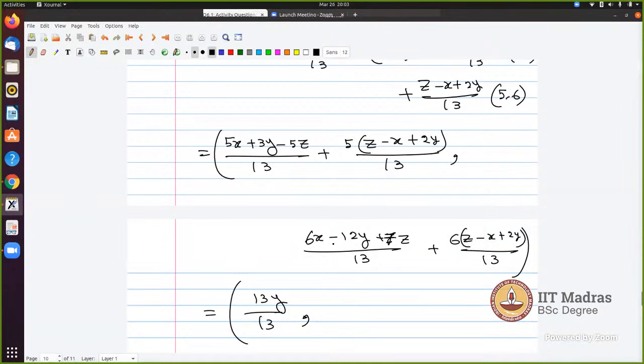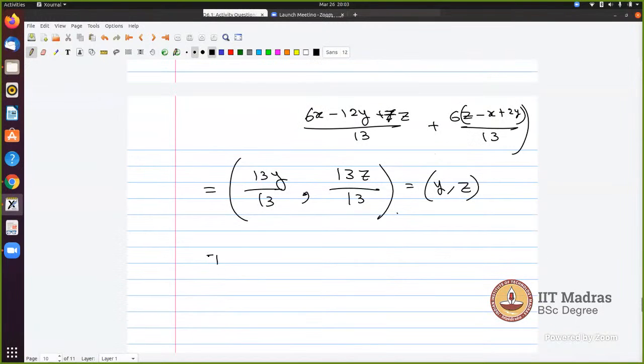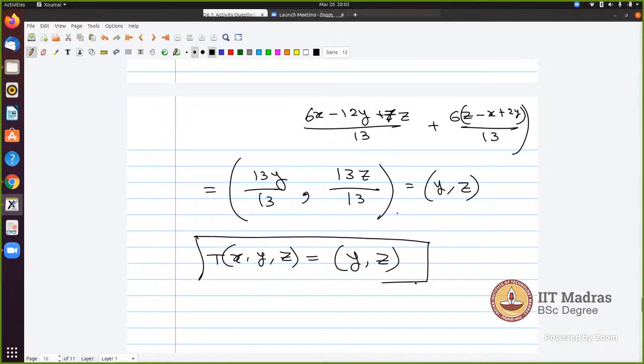This is 6x minus 6x cancels out, minus 12y plus 12y cancels, 7z plus 6z, 13z. So this is y comma z. So basically T(x, y, z), after all this calculation, we are getting just (y, z). This is the linear transformation.